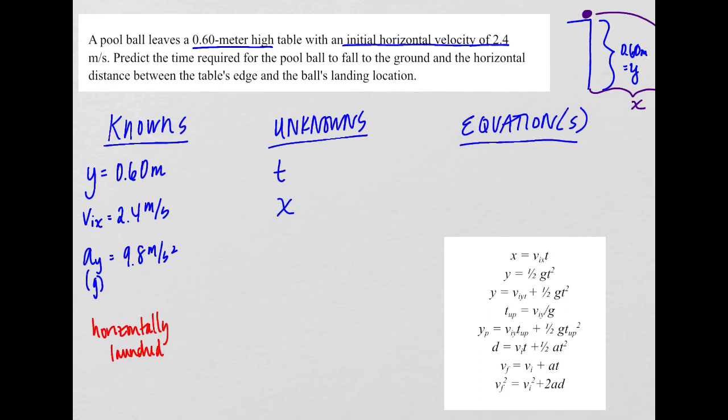So I'll go over these equations really quickly. That's our horizontal component of motion for any type of projectile. This is for a dropped object, or just how to find the vertical displacement. This is another one for the vertical displacement. This is T up, for determining the total time that the object is in flight.